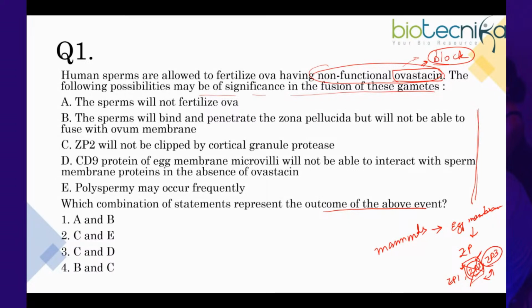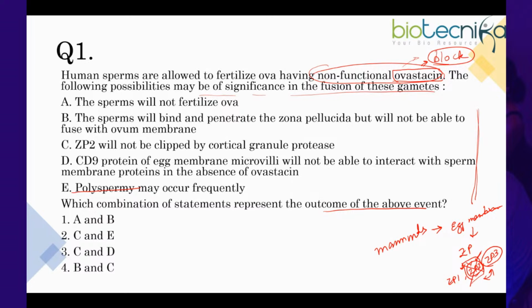They should be binding to it, penetrating the zona pellucida and getting inside the egg. But we don't want polyspermy. So what is polyspermy? When many sperms are fertilizing the egg. To avoid that, the ovastatin cleaves ZP2 so that no more sperms are able to fertilize the egg. That's the function of ovastatin.